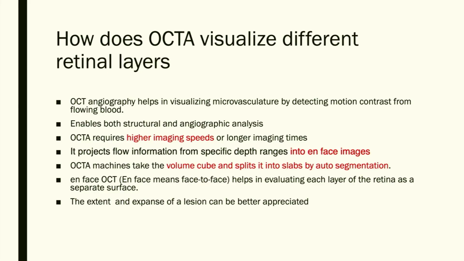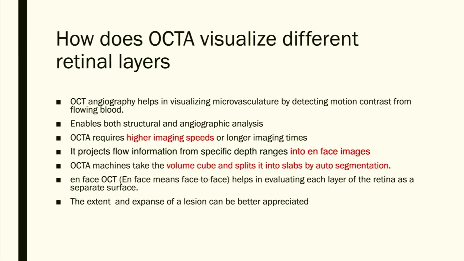And then it takes those images and puts them in the form of en face images, because now the reflected light which comes back is taken from the nerve fiber layer, from the inner nuclear layer, from the inner plexiform layer. So it takes different layers and gives you images through different layers. Because it is giving you blood flow through different layers, it becomes depth resolved.